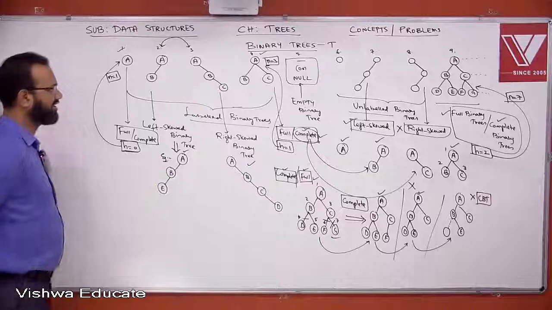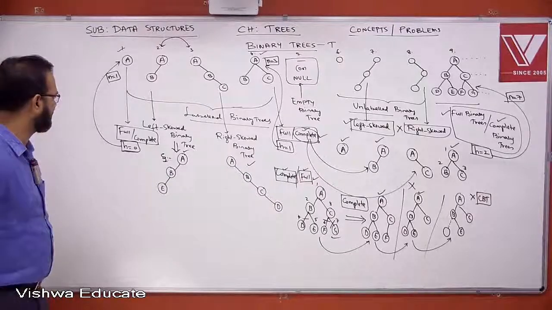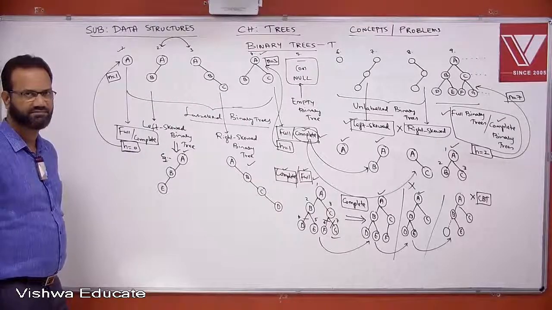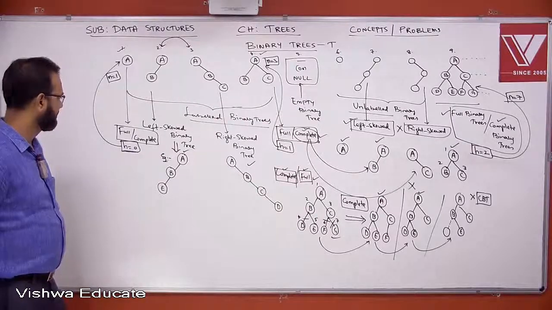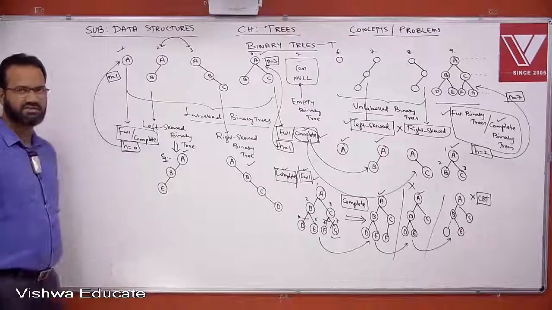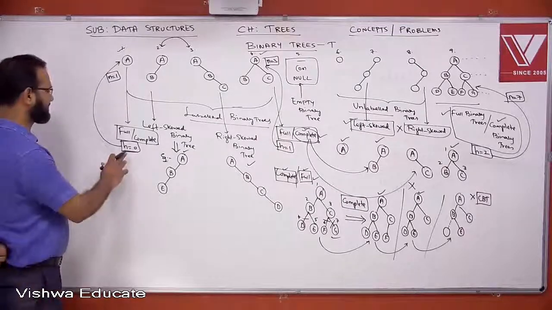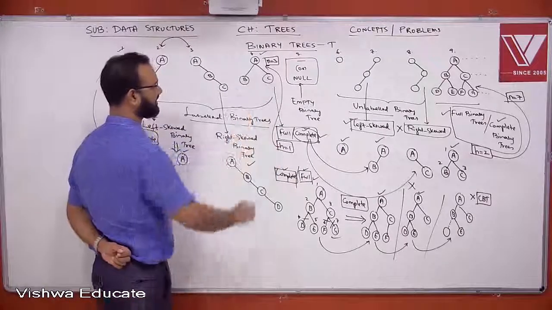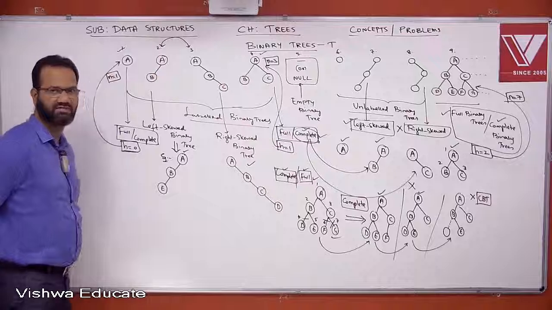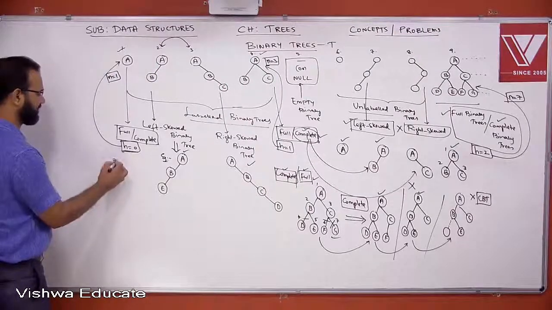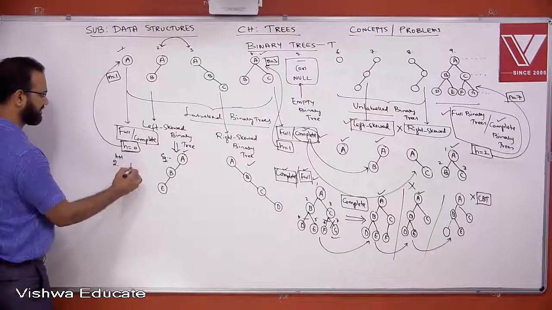So how do you define a full binary tree with respect to the given height h, when h starts from 0? When h is 0, it should have 1 node. When h is 1, it should be 3. How can you achieve that? I'll have one formula: n = 2 to the power h plus 1, minus 1.